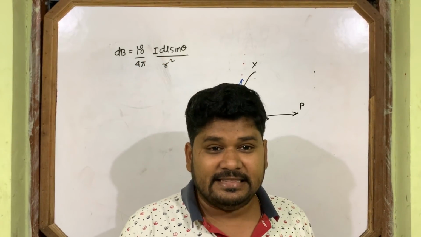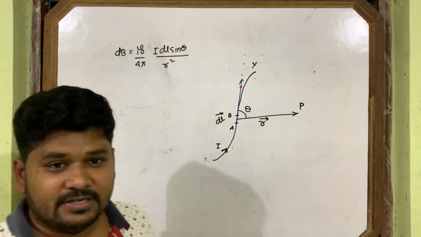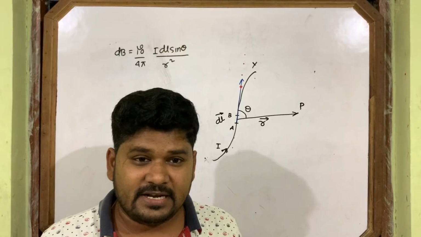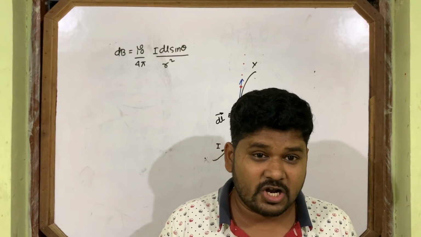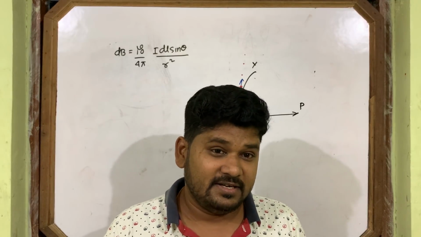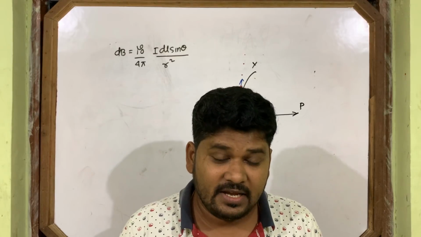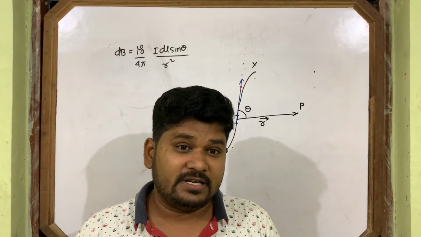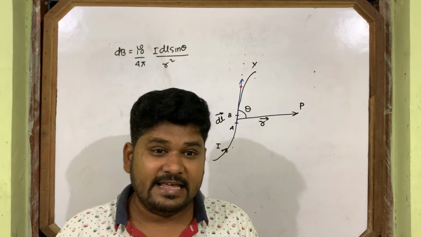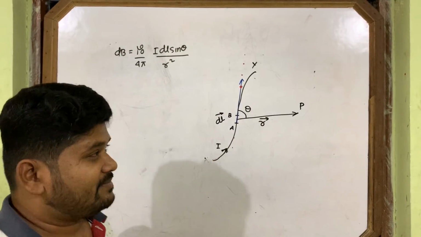When sin theta comes, immediately some product of vectors should come to your mind. A vector dot B vector is AB cos theta. A vector cross B vector is AB sin theta n cap. From that, I think some idea is coming.